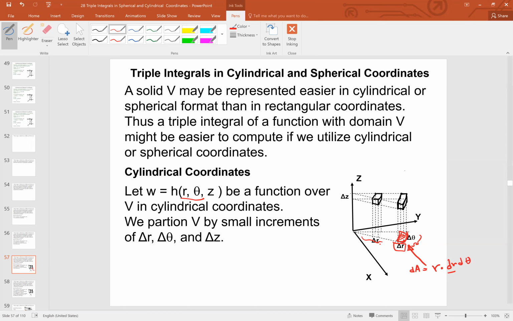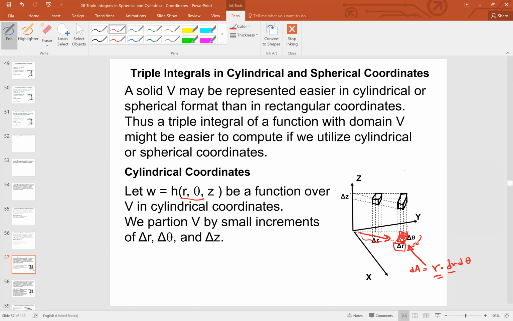That depends on how far the piece is from the origin, because as you go out, the piece gets bigger and bigger. So you have to account for the distance r, multiplying dr d theta to obtain the rough area of this little wedge, this little piece of plane.